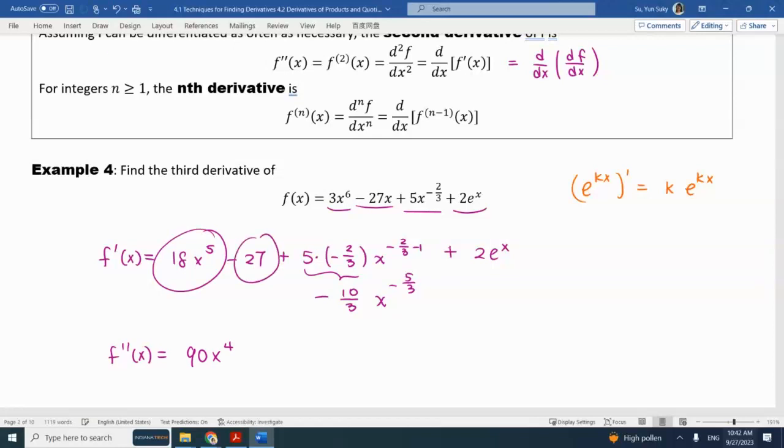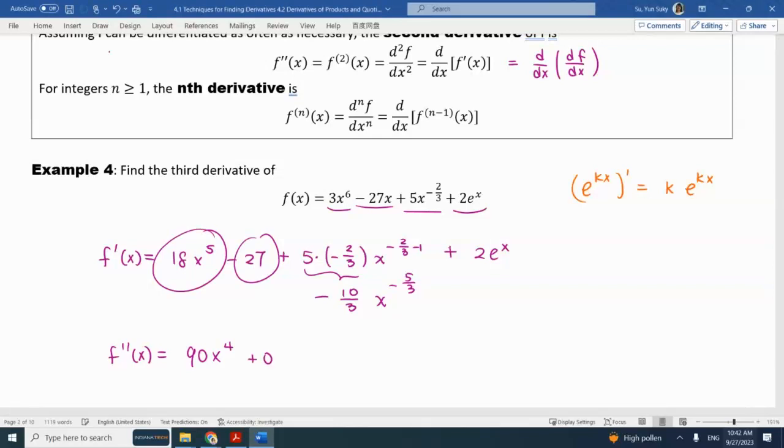What's the derivative of minus 27? It's a constant term, so think about a constant function. What's the slope? 0. Yes. The derivative of a constant term is 0.